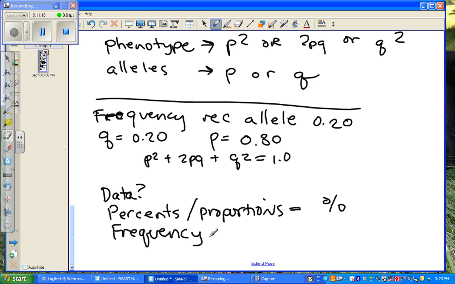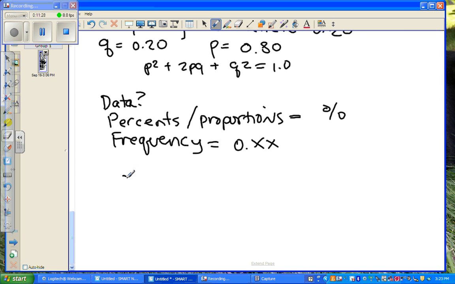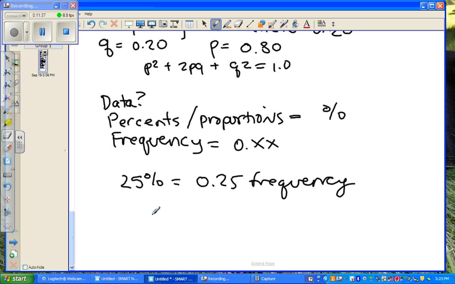A frequency is going to be a decimal value less than 1 that relates to your percent. A percent of 25% is equal to a 0.25 frequency. Keeping track of the type of data and whether you're working with percents or frequency is going to make a big difference in being able to do Hardy-Weinberg equations.